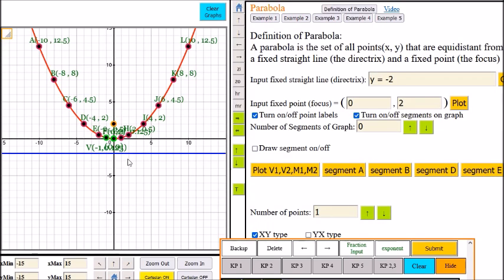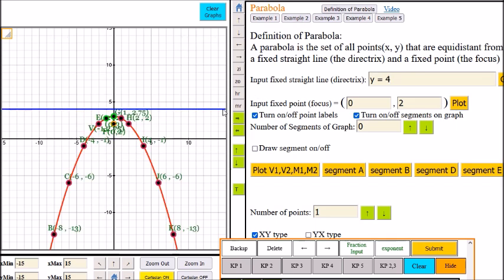This is our original example where we started with the directrix down here, and then the focus is above the directrix. But if we start with the directrix like this, and then pick a fixed point focus that's below the directrix, then the parabola opens down.